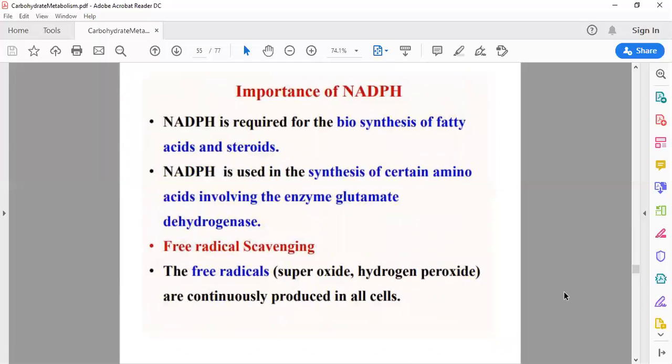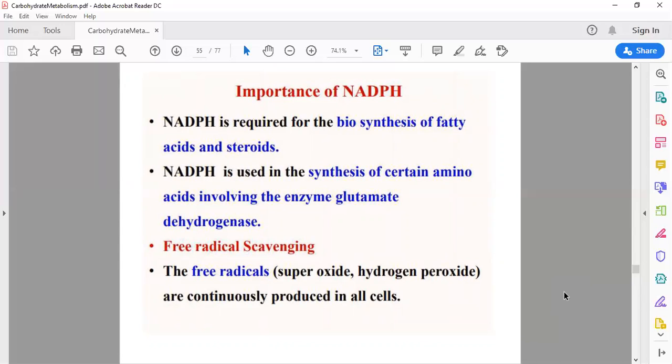And related to NADPH, there are five to six key points. First, it is involved in the biosynthesis of fatty acids and steroids. Second, it is involved in the synthesis of amino acids.